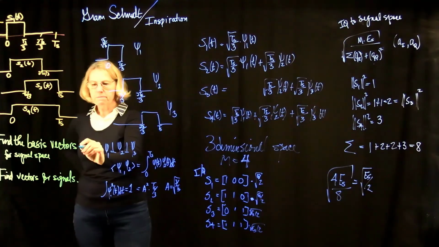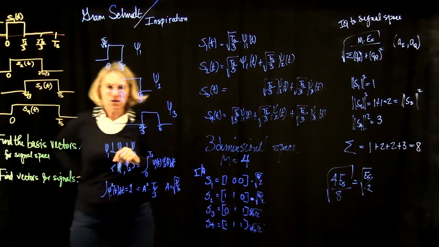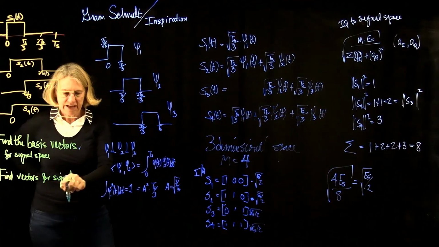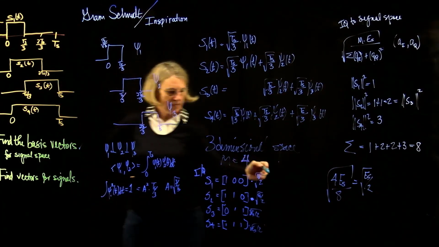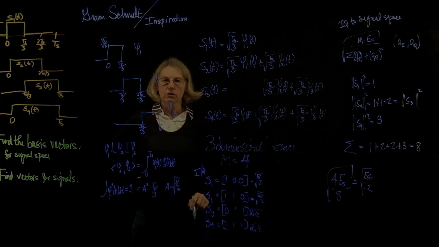So that would be find the basis vectors, these 3 basis vectors here, and find the vectors for the signals. That would be here, with this normalization of the square root of E_S over 2 in order to get the right answer.